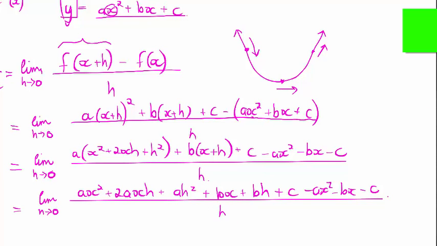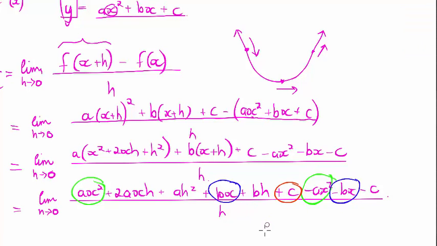So as I promised, everything that doesn't contain an h must cancel out. There's ax squared, there's minus ax squared. It's got an h, that's fine. It's got an h, that's fine. This one doesn't have an h, so he must cancel. There's his cancellation. There's my c. C doesn't have an h, and there's the negative c.